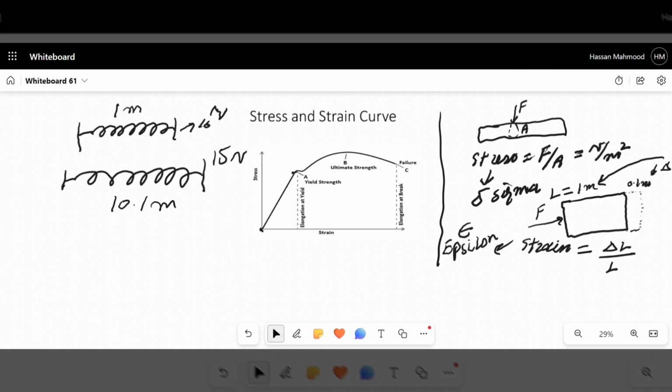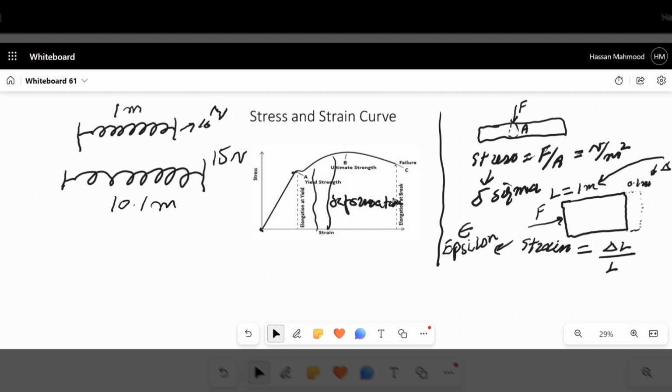So if you relate this with the strength of a material, when you apply a force on a material and the material changes its shape, an increase or decrease in the length, that means that is the deformation of the material. These regions all up to the failure point are showing deformation.